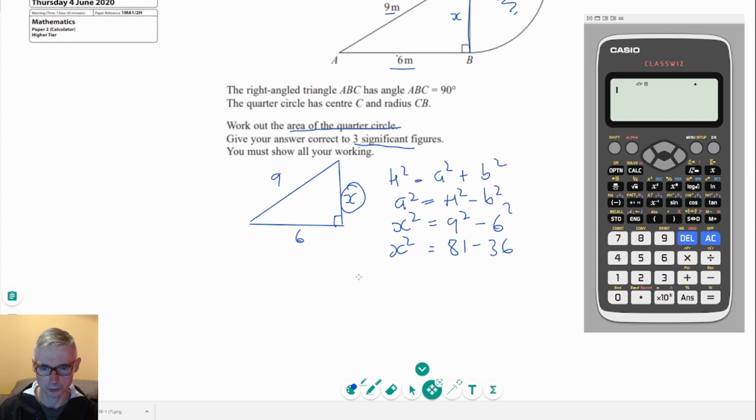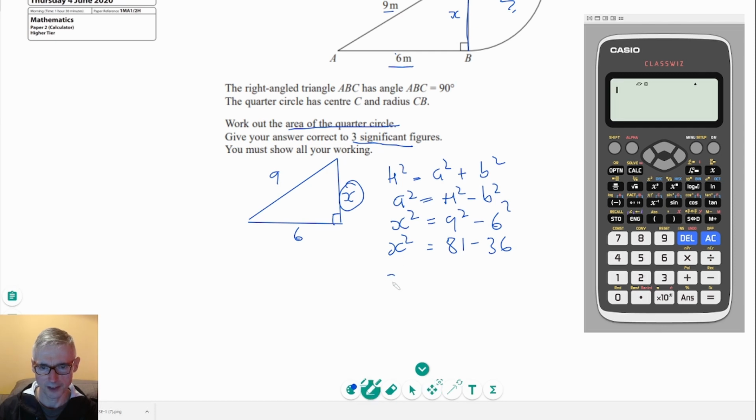So x squared is equal to 81 take away 36, which is 45. Now we could find the square root of 45, so x is equal to root 45, and work that out. But that would actually introduce some errors into our question, and we'll find out later that it's nice to keep it in root form there.